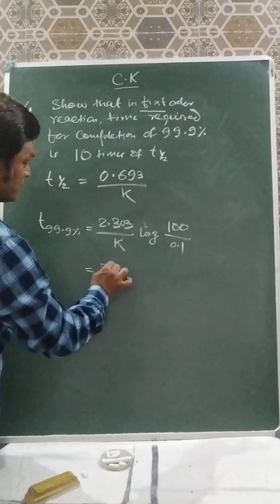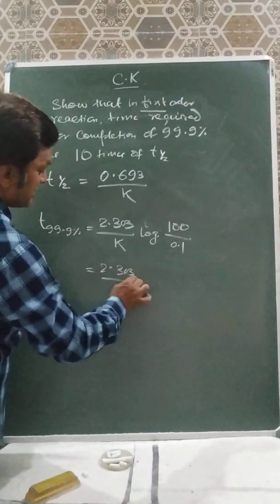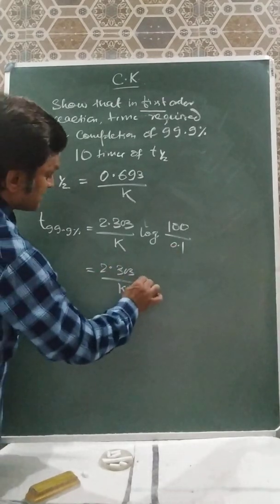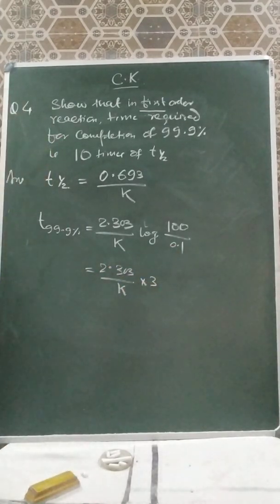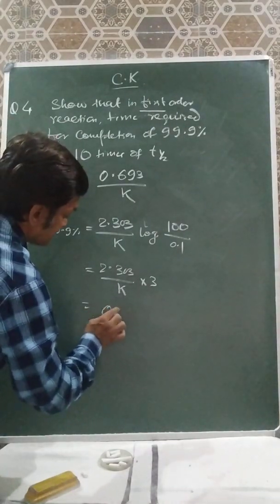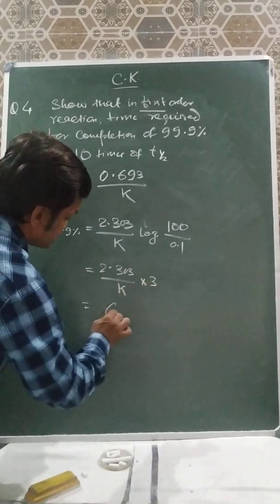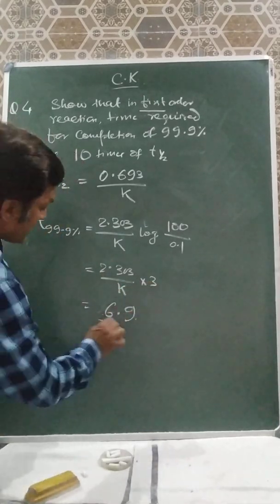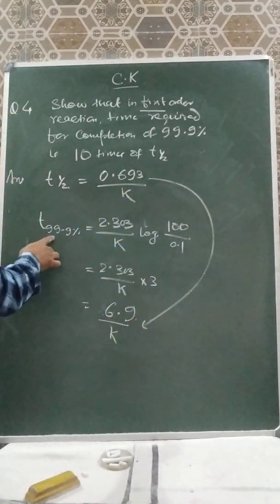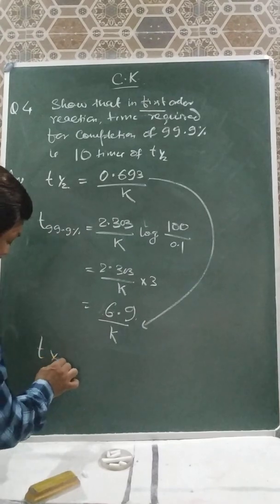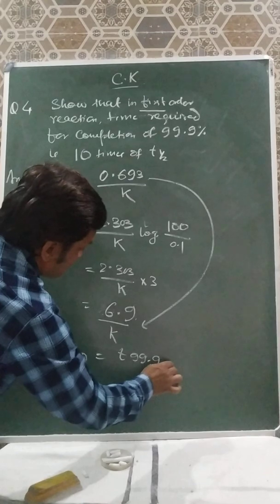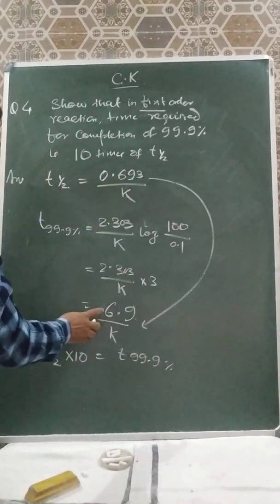That means 2.303 divided by k, log of 100 divided by 0.1, that is 1000. Log 1000 is equal to 3. That means 6.9 by k. For this, t half into 10 is equal to t 99.9%. That is 0.69 into 10, or 6.9.